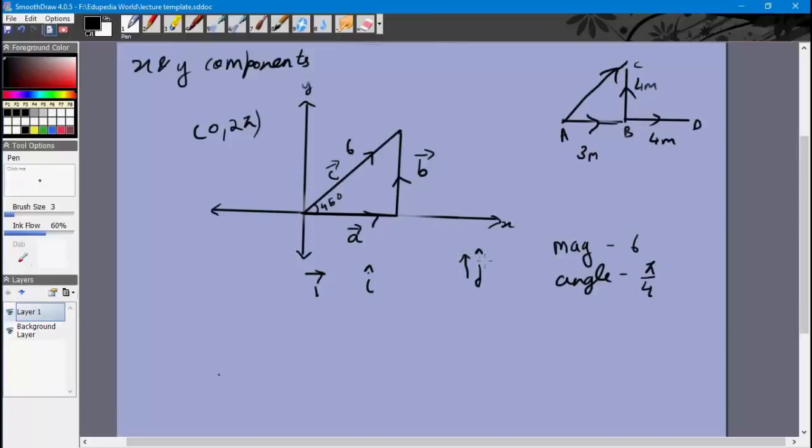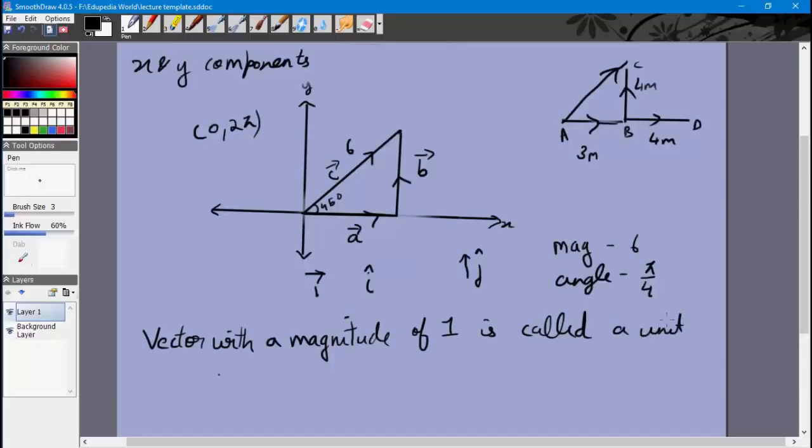By the way, just a little bit of terminology. Any vector with a magnitude of 1 is called a unit vector. Unit vectors, instead of an arrow over them, are generally represented with a hat over them.